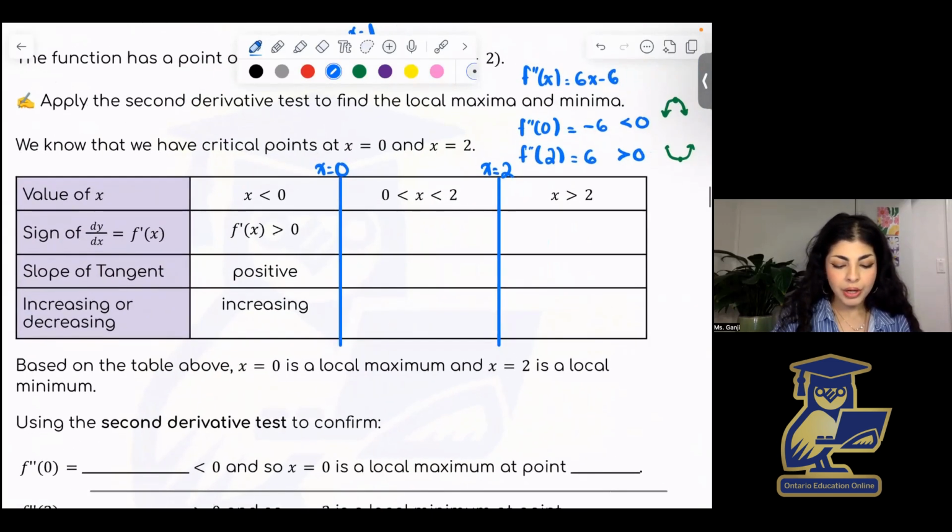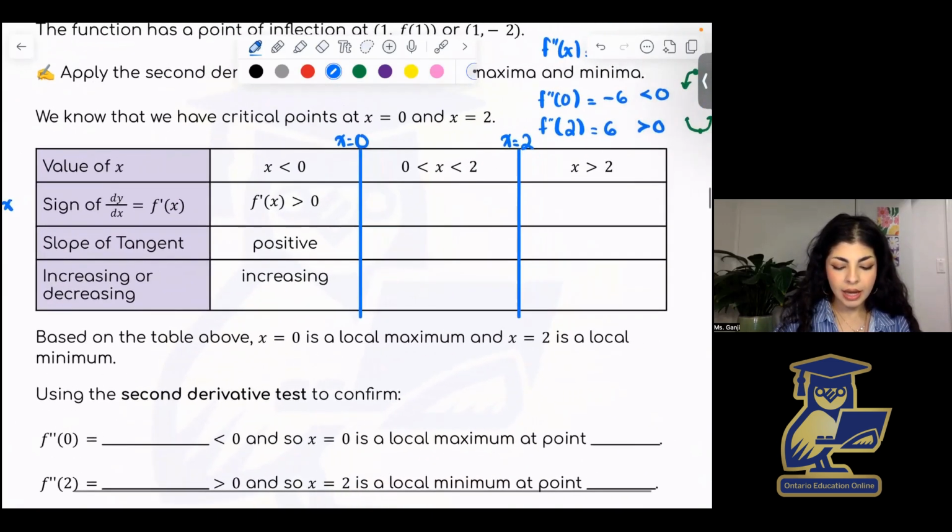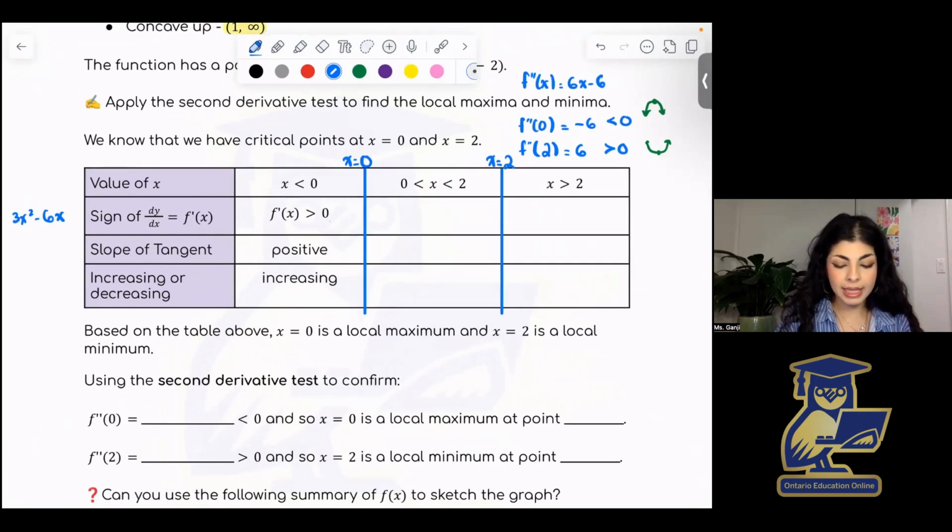And so for this portion, for any values of x less than 0, this is greater than 0. So we say the slope of the tangent is positive. And that means also our function is increasing. Now for this interval, perhaps we pick x is 1. Then we have 3 minus 6, which is negative.